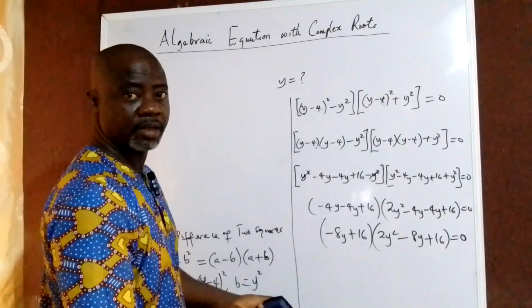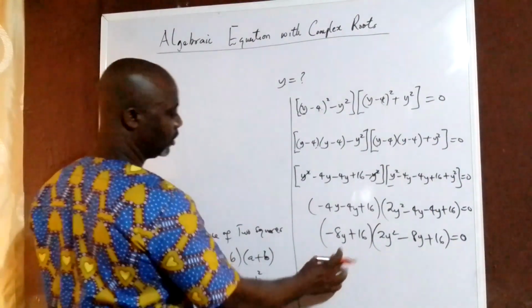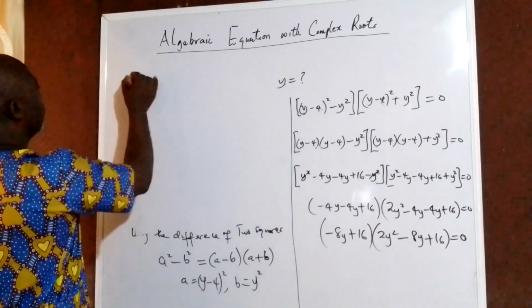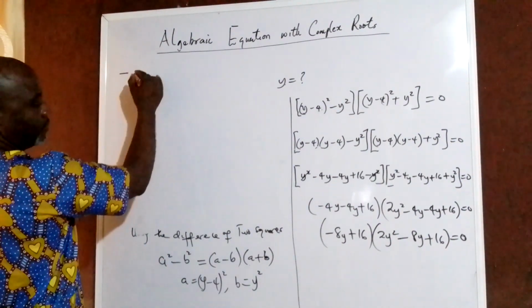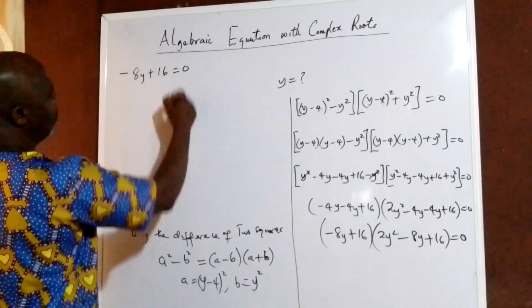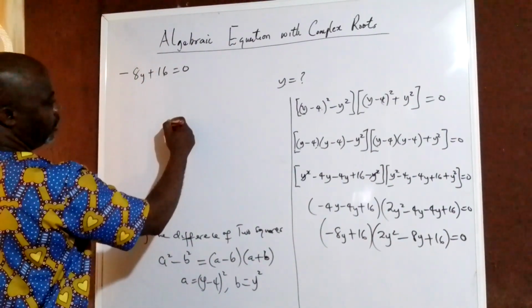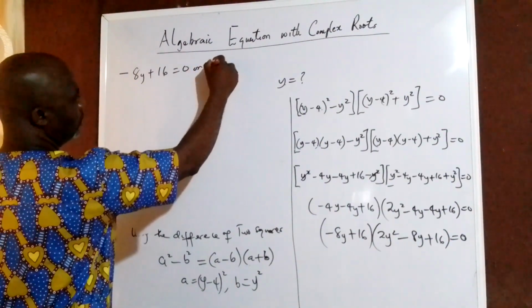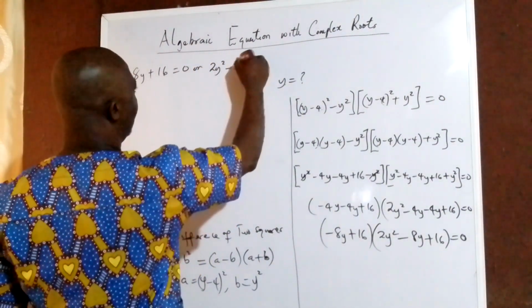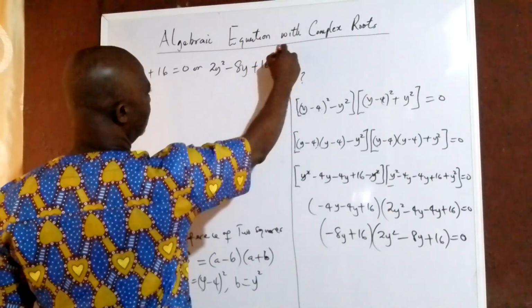So what this means is that the first factor is minus 8y plus 16 equal to 0, or 2y squared minus 8y plus 16 equal to 0.